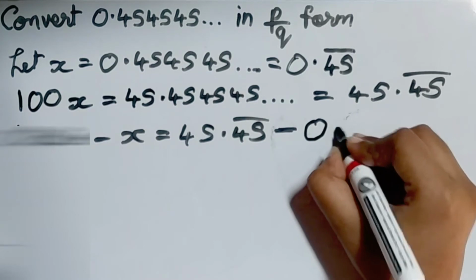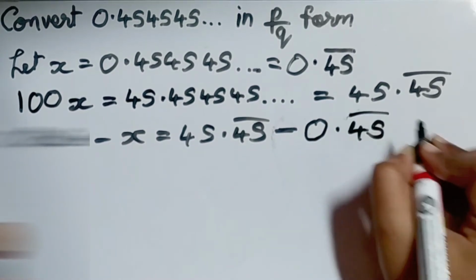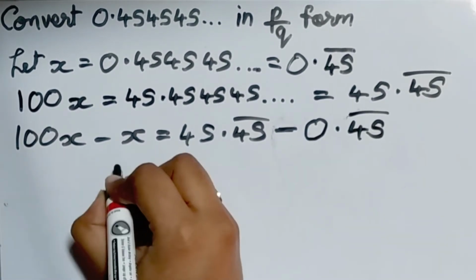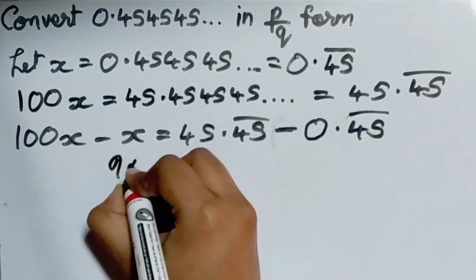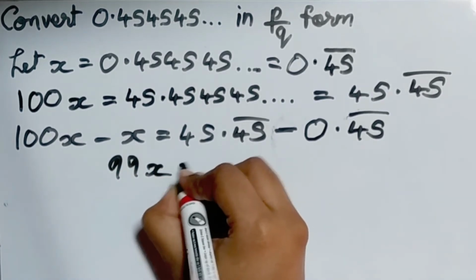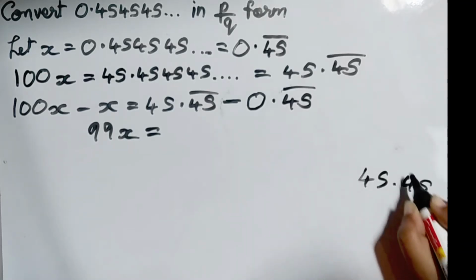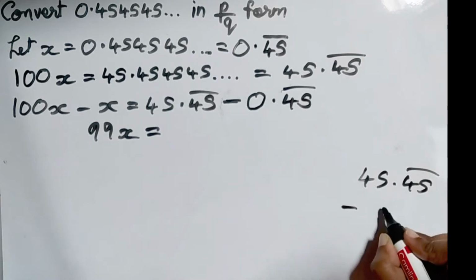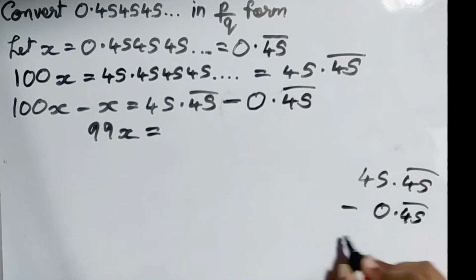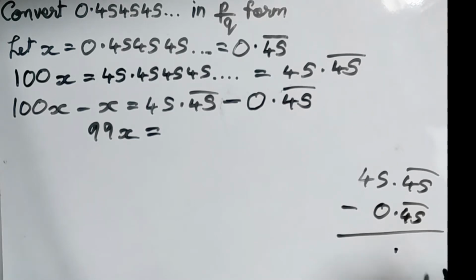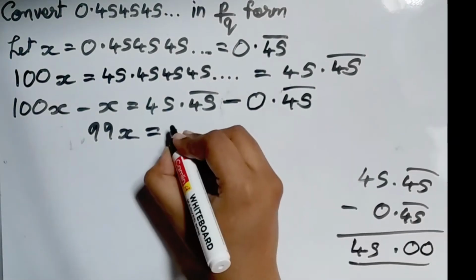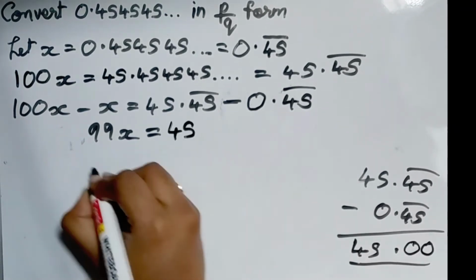So 100x minus x will be 99x, equal to 45.45 recurring minus 0.45 recurring. After the decimal, recurring 45 minus recurring 45 will be 0, and 45 will remain. So 45.0. Therefore 99x equal to 45.